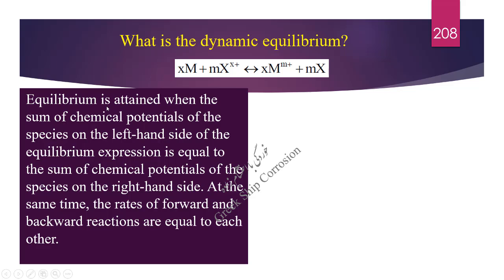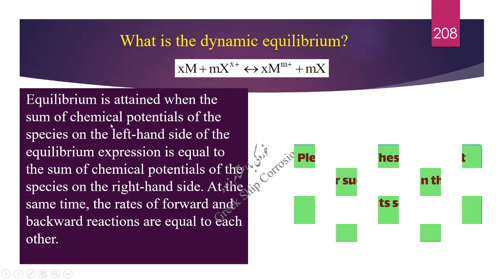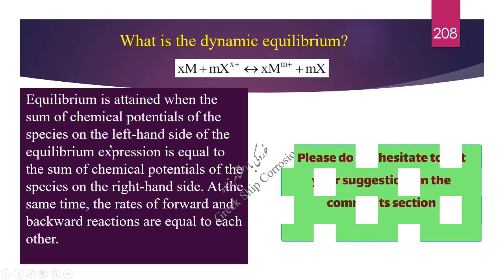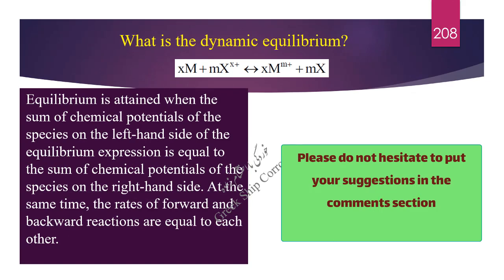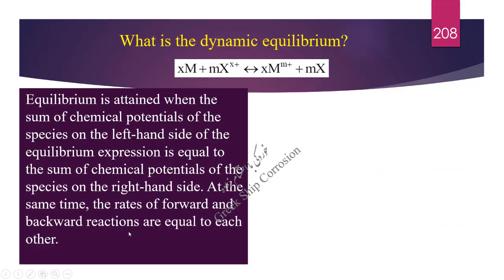Equilibrium is attained when the sum of chemical potentials of the species on the left-hand side of the equilibrium expression is equal to the sum of chemical potentials of the species on the right-hand side. At the same time, the rates of forward and backward reactions are equal to each other.